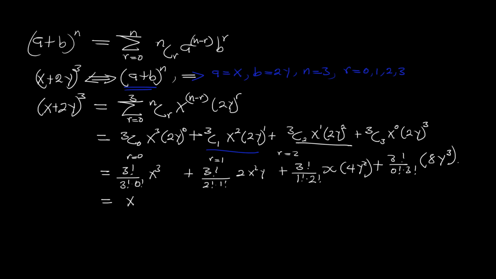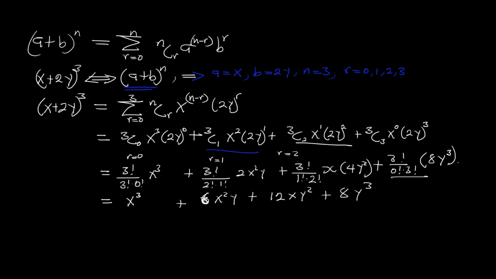On summarizing, x raised to the power 3 plus 3 times 2 is 6. We have 6x squared y plus 12xy squared plus the last term here, 8y cubed.